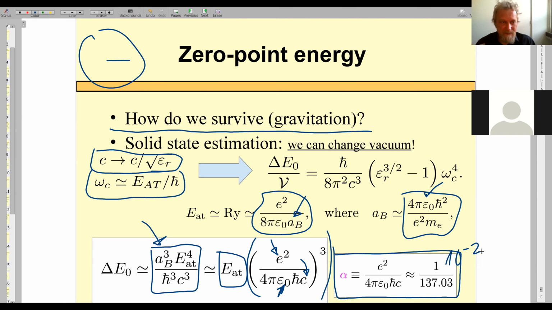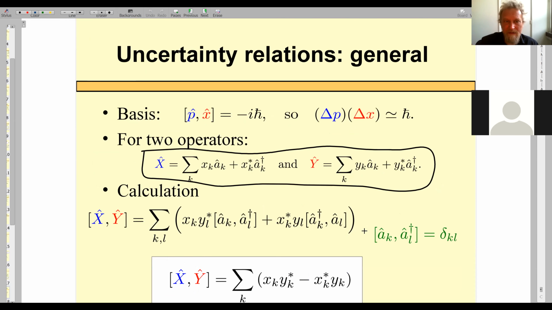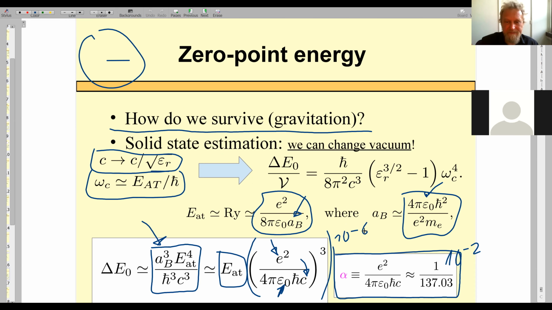We can change the zero-point energy, but the change will be pretty small in comparison with atomic energy. There's a factor of 10 to the minus 6. Right, that's what I wanted to say about zero-point energy.